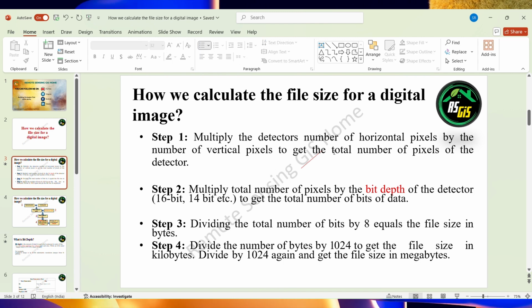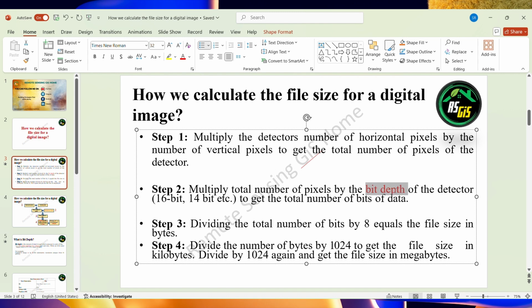So the basic thing is that first we multiply the vertical and horizontal pixels to get the total number of pixels. Then we multiply it by the bit depth, and we get the value in bits, which is the smallest unit of digital storage. If you want to convert bits to bytes, we divide the value by 8.